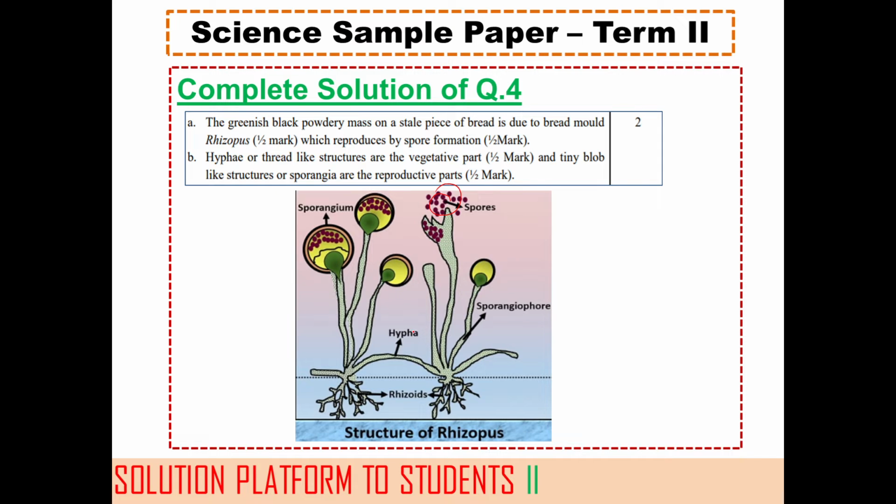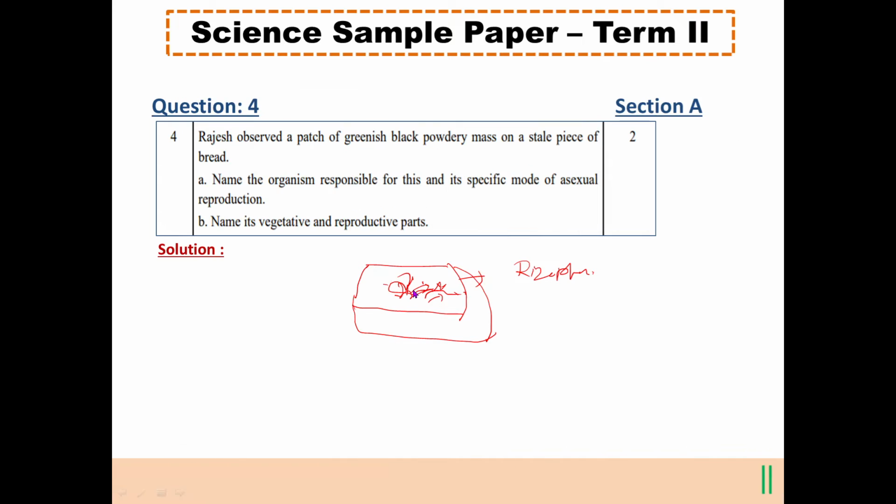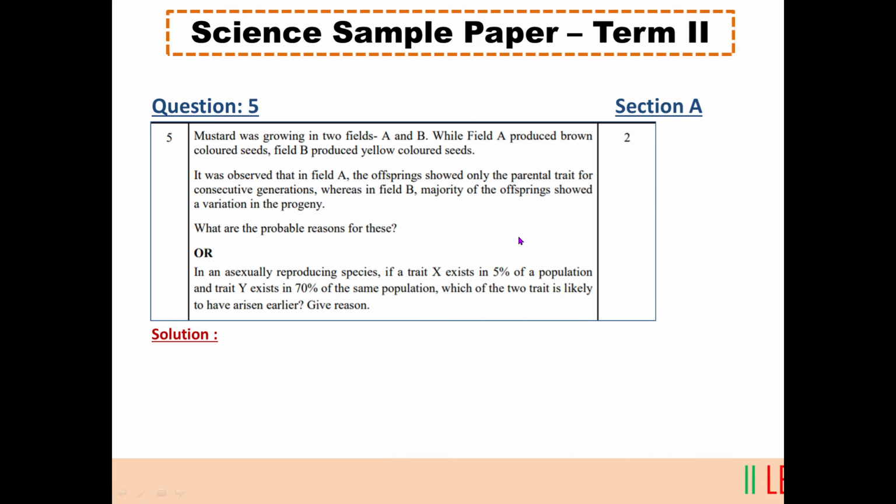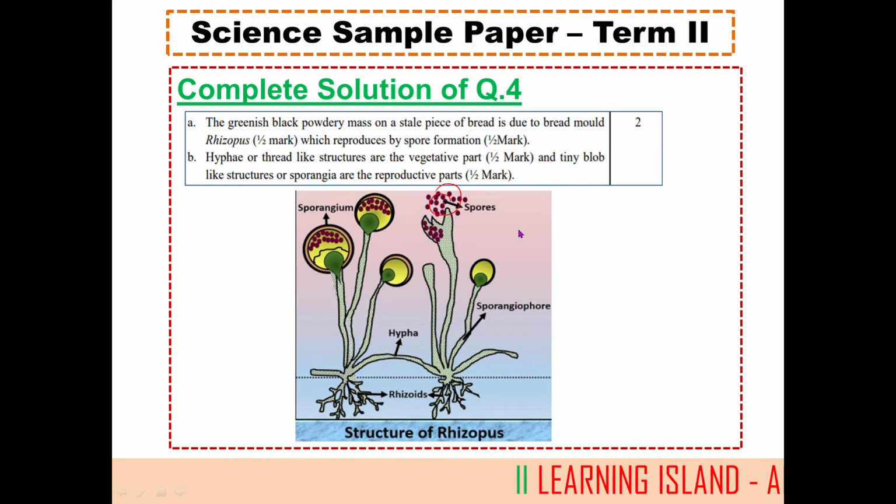In the second question, it has been asked: name the vegetative and reproductive parts. There are two parts in this, one is the vegetative part and one is the reproductive part. The vegetative part is here. You see this one, this is called hyphae, this net-like structure.